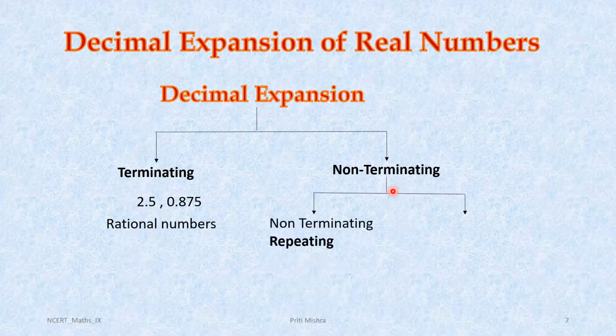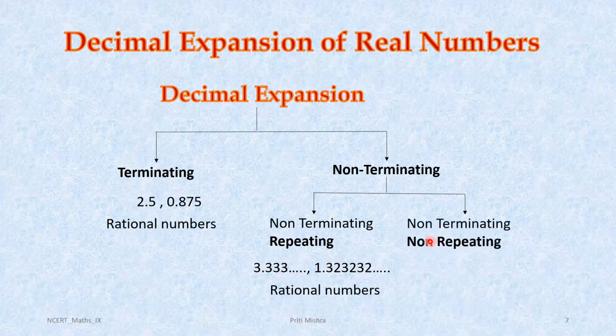First, non-terminating and repeating, where we have fixed digits in repetition, like 3.333 and so on, 1.323232 and so on. Such decimal expansions give us rational numbers.